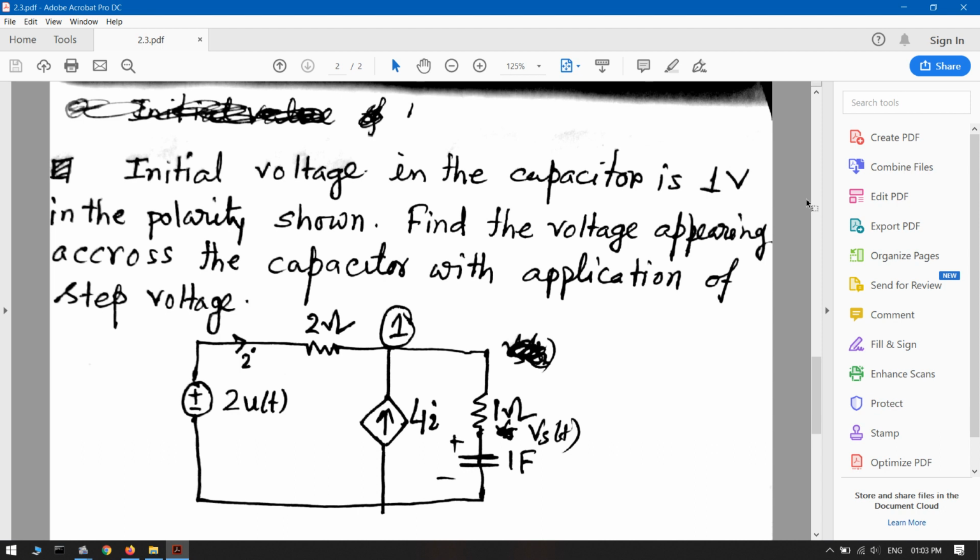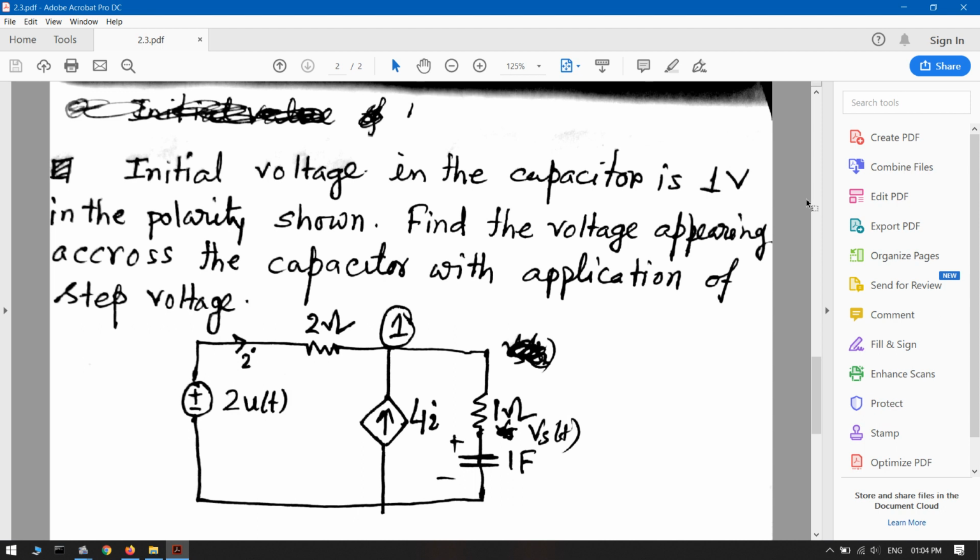Now again, if we apply KCL, considering the current I, so I will be how much? Here 2 by S, one voltage source, another voltage is V1 of S. So 2 by S minus V1 of S divided by 2, this is the Is, isn't it?